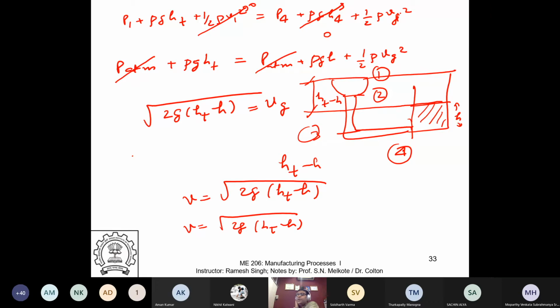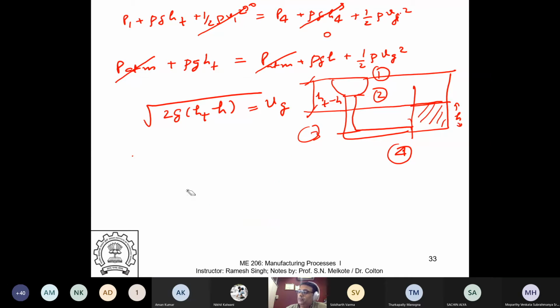Now, how do I find the time? Can somebody tell me how do I find the time? How do I find the time now? What should I do? Now I know my supply is Ag, the gate area, times Vg, the gate velocity, and what is happening in the mold?